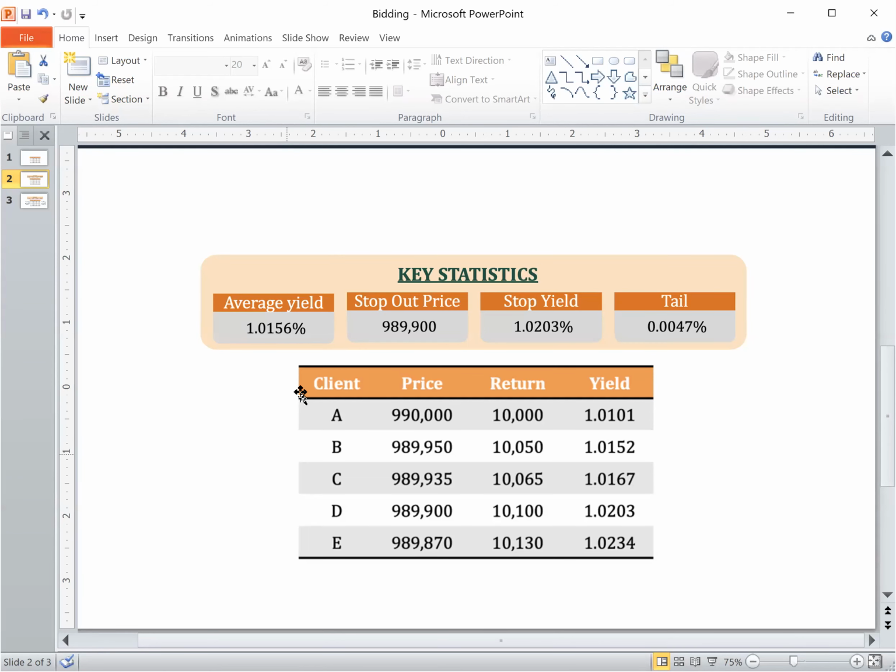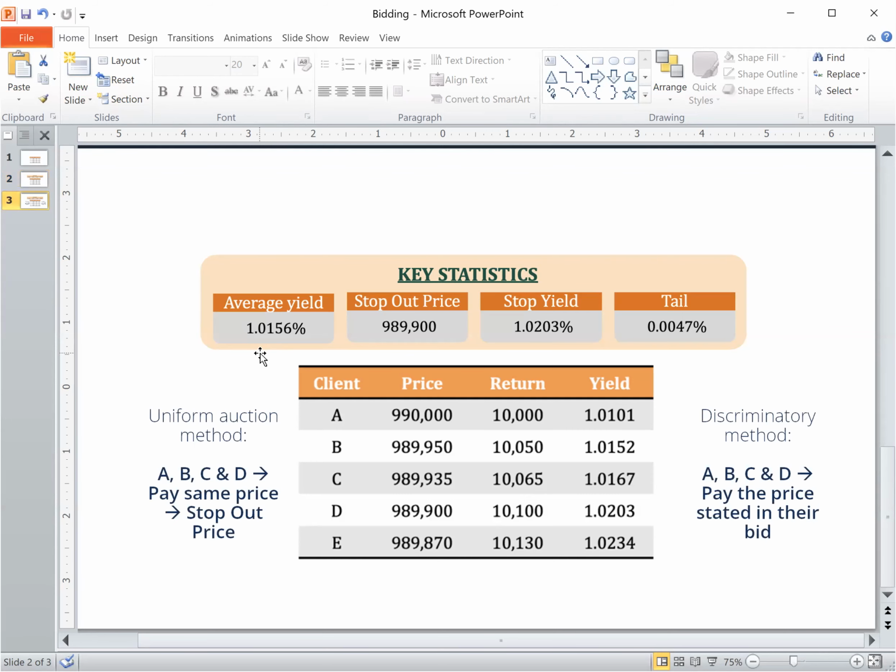So there can be a uniform or discriminatory method. In the uniform method, everybody would pay the same price, that is the stop price. So what would A pay? 989.900. What would B pay? 989.900. What would C and D pay? 989.900. Are we clear?